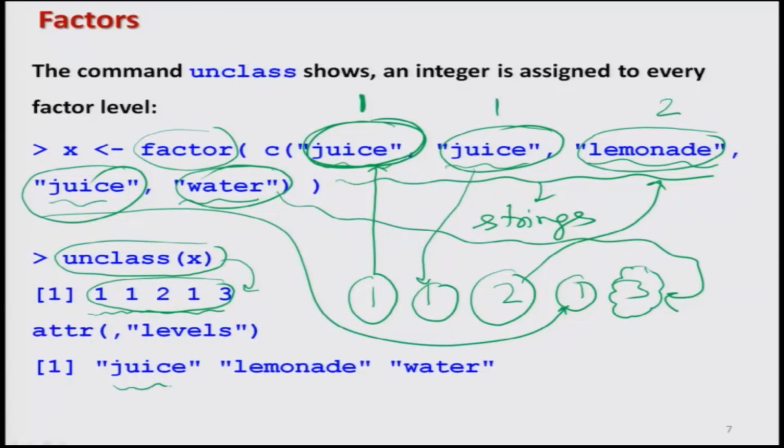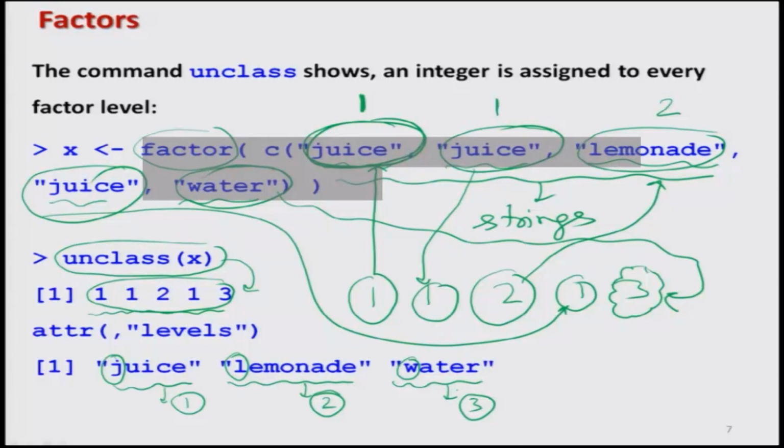So, juice is coming at the first position, lemonade at the second position and water at the third position, because juice starts with J, lemonade starts with L and water starts with W. So, they are in alphabetical order, and R has automatically given them the numbers in the same order starting from 1. So, juice has been given the code 1, lemonade the code 2 and water the code 3. So, that is the use of the function unclass. Let us try to do it over the R software.